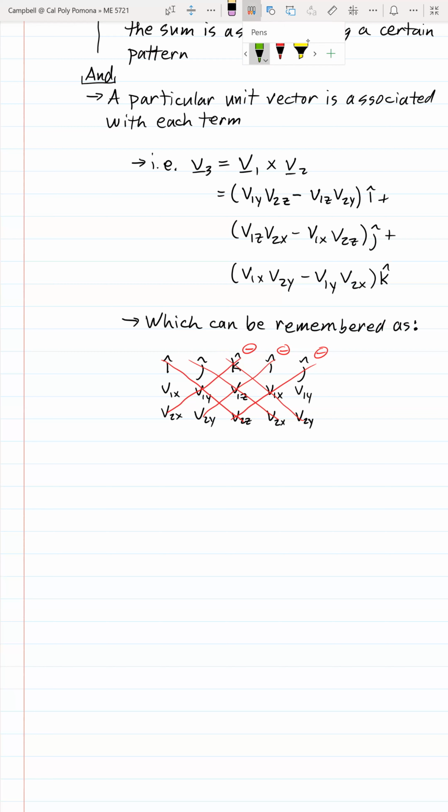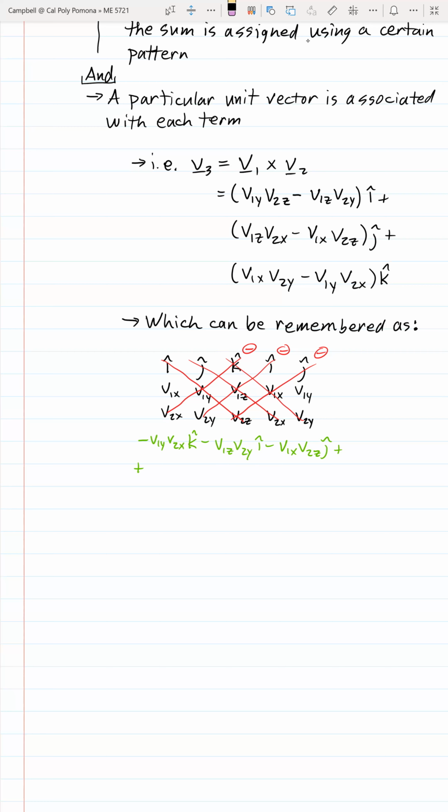So then going through and multiplying all this together, we get negative v1y v2x times k hat minus v1z times v2y i hat minus v1x v2z j hat plus, and here I'll just go ahead and do the plus down here, do a wraparound plus.